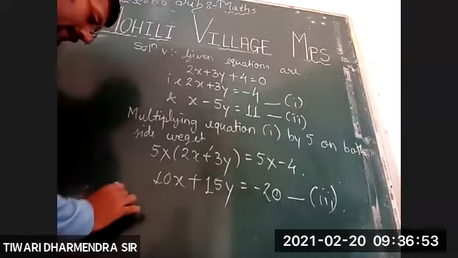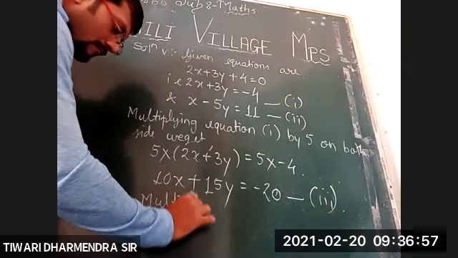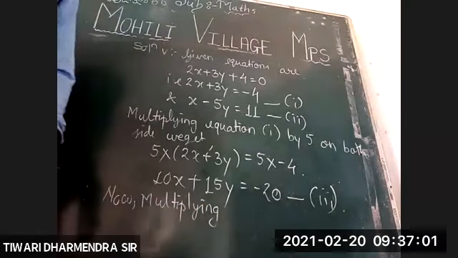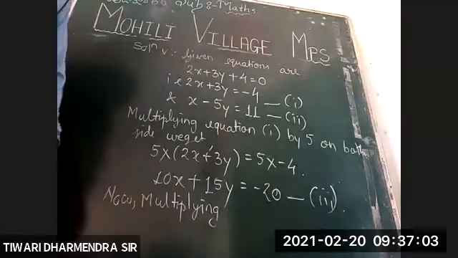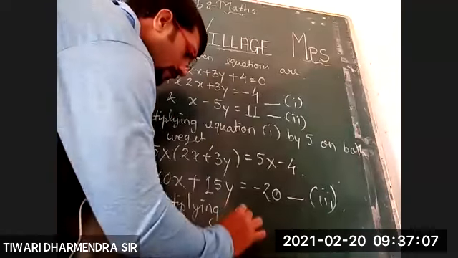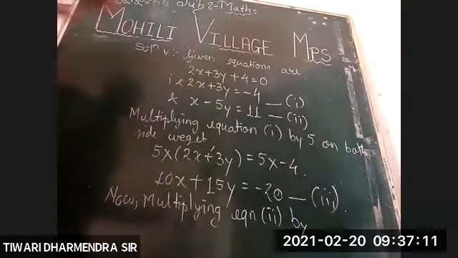Now multiplying equation 2 by what number? 3.